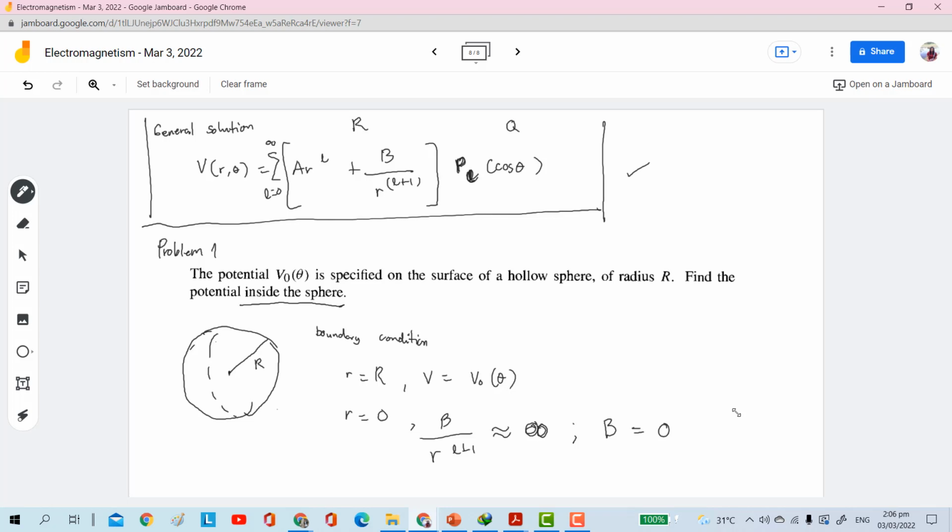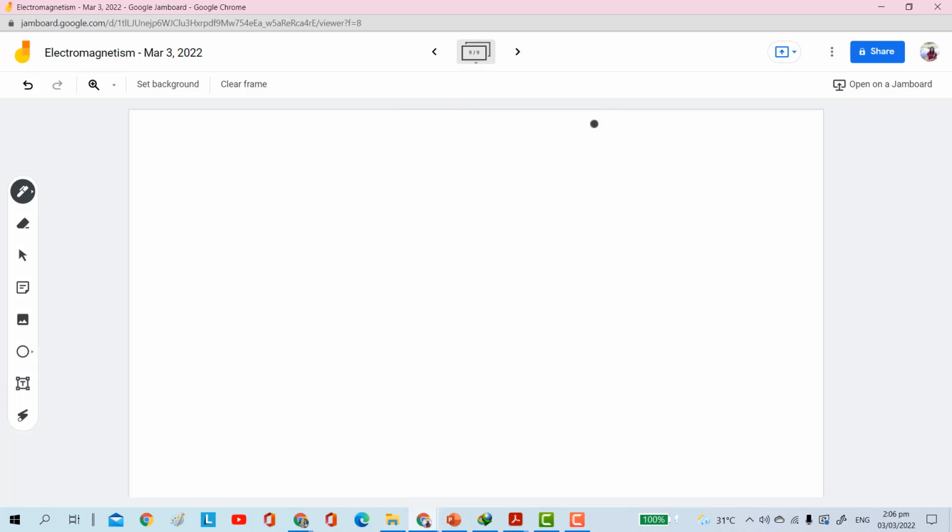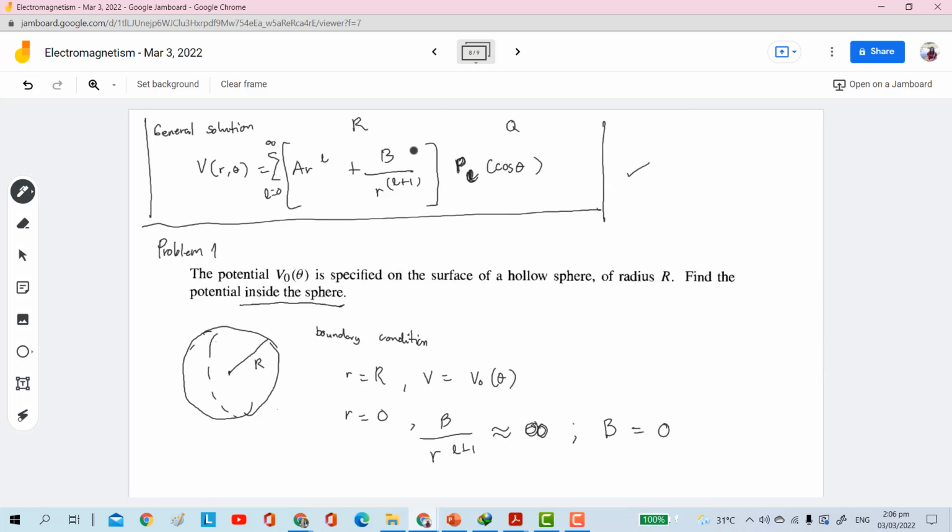Therefore, for this problem, ang atong general solution, kaya mahimo naman siyang V of R theta is equal to summation of A R raised to L. So, wala na tong isa ka term, no, involving R. This one, wala na siya since B is equal to 0. So, we have found out that B is equal to 0. And it should be. It is the only way.